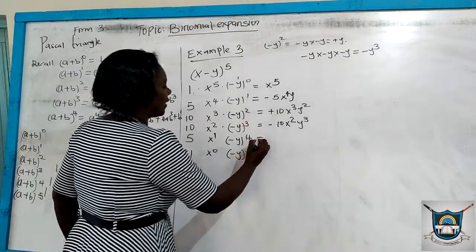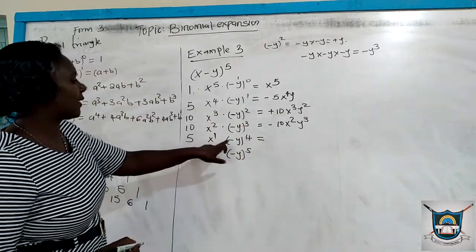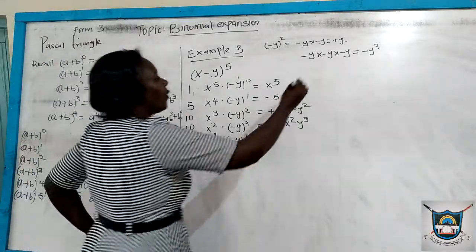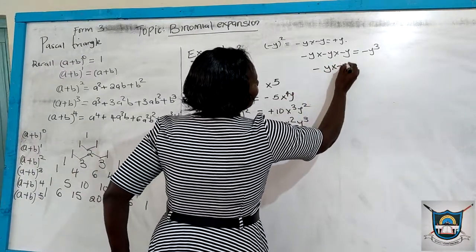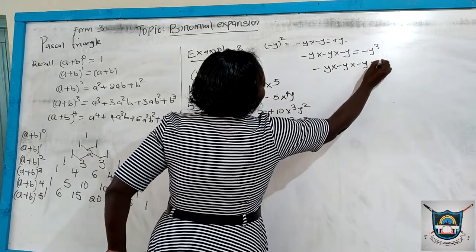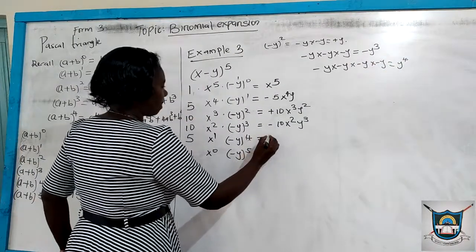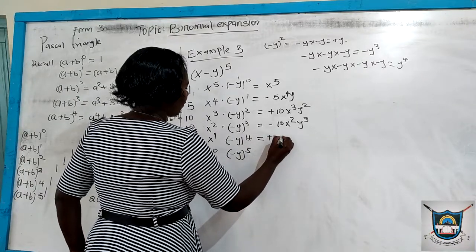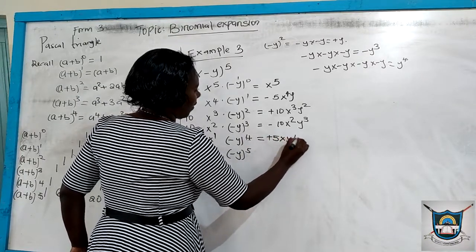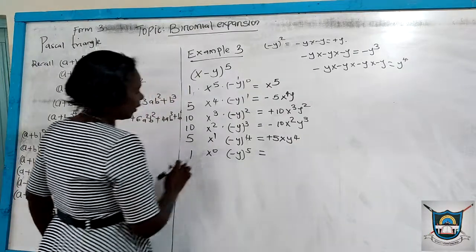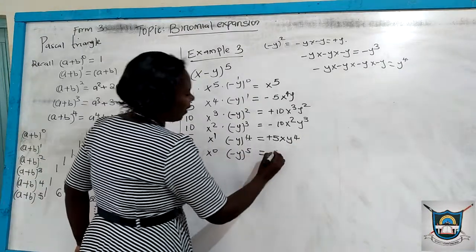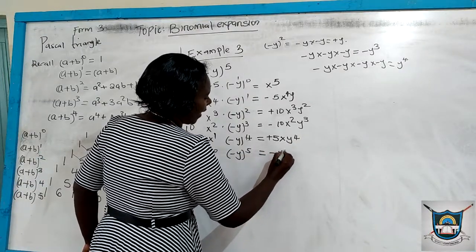So the other one is going to be 5 times x times (-y) to power 4, which means negative y times negative y times negative y times negative y gives us y to power 4 positive. So it's going to be plus 5xy to power 4. And lastly, the last one will be 1 times 1 times (-y) to power 5, which will give us negative y to power 5.